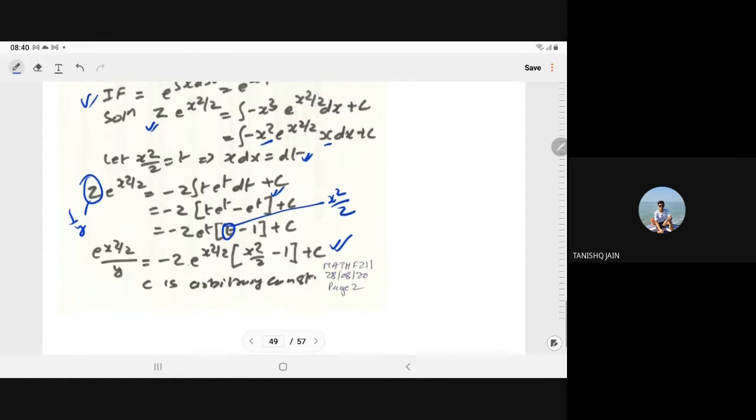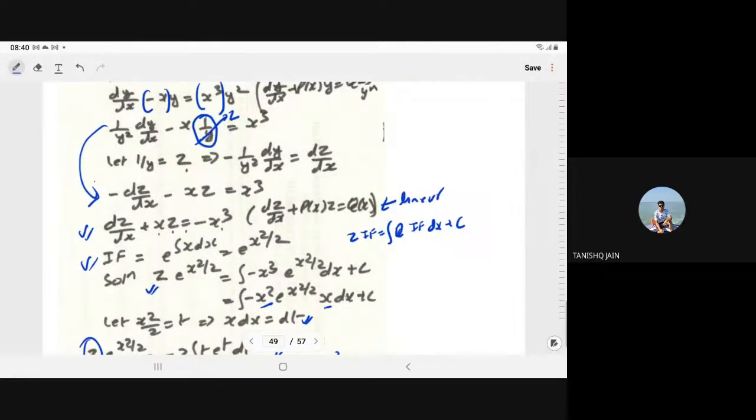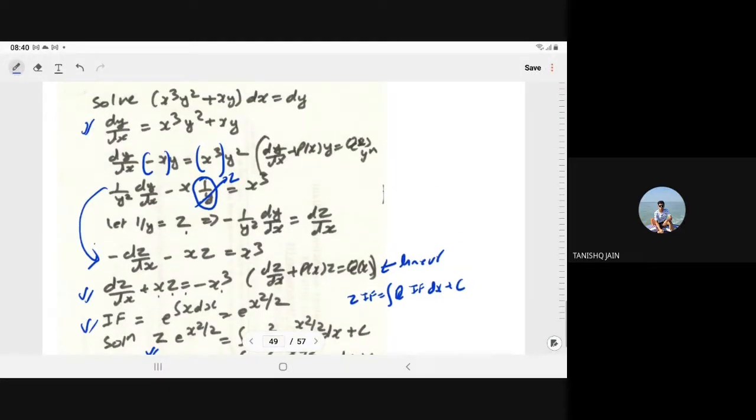The main thing is that this is the standard Bernoulli equation with n equal to 2, so we have to select the substitution and change the dependent variable from y to z using 1 upon y is equal to z.